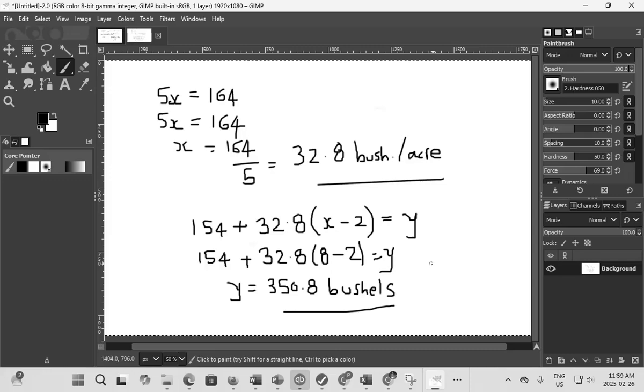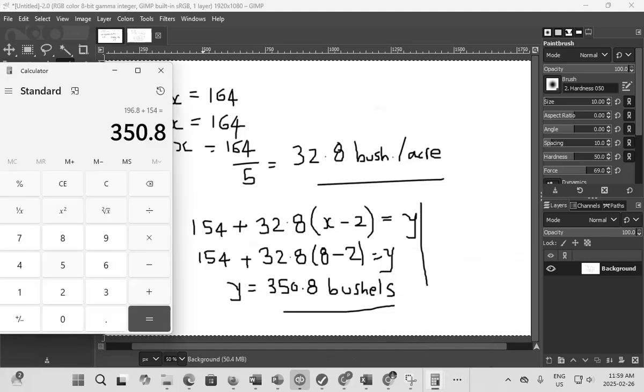Now we can verify this equation by subbing in 7 years. If x equals 7, then 7 minus 2 is 5, and 5 times 32.8 is 164. 164 plus 154 is 318.